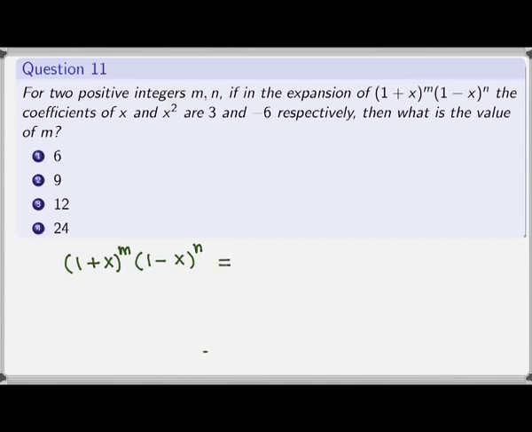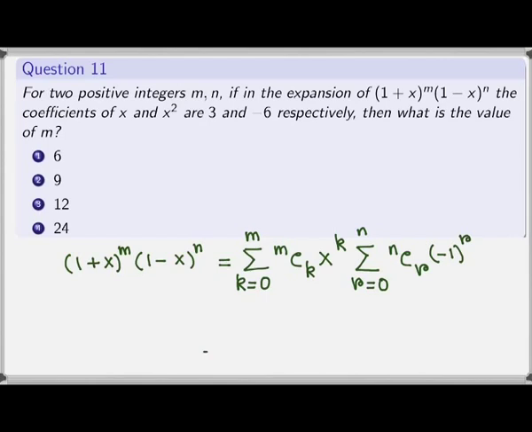This is equal to the summation over k, k runs from 0 up to m, mCk x^k, into the sum over r runs from 0 up to n, nCr (−1)^r x^r.